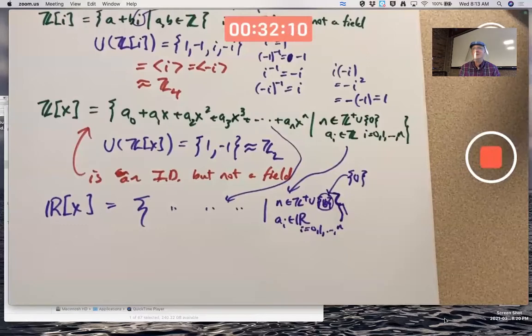So the units have to be constant polynomials. Which constant polynomials? Just plus or minus 1 again? No, the answer is bigger. Any non-zero constant polynomial will be a unit.